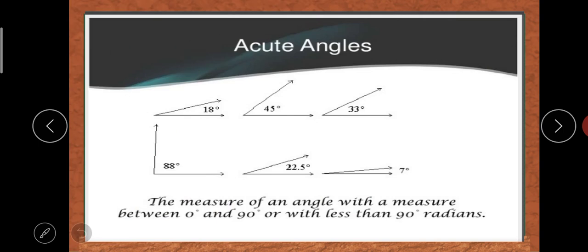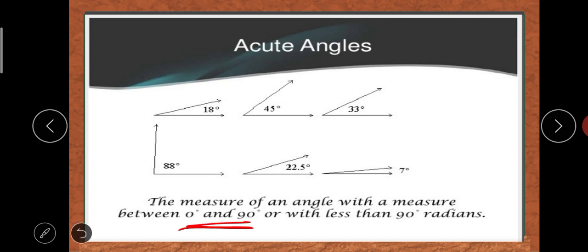First is the acute angle. Now what is an acute angle? Here some figures are given, showing the degrees 18, 45, 33, 88, 22.5, 7. An acute angle has a measure between 0 and 90.